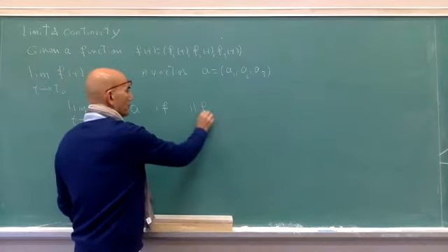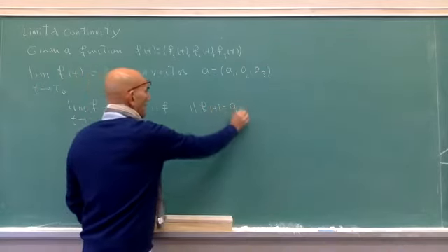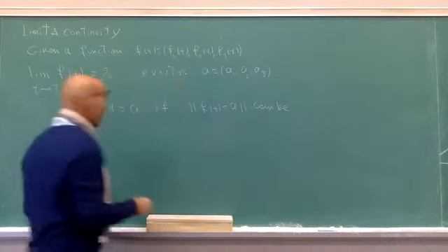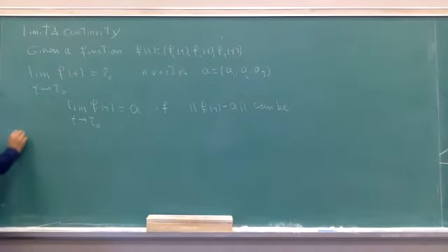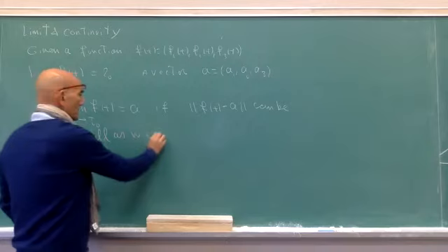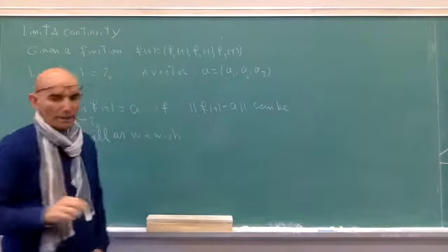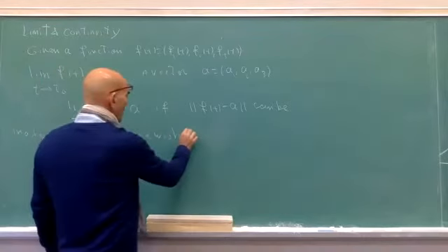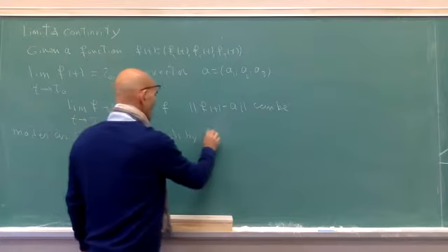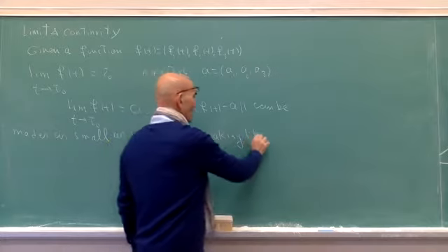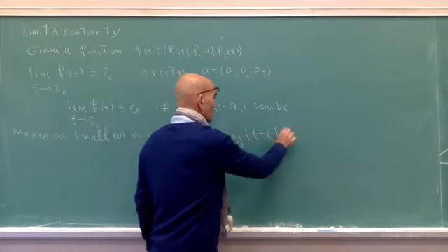If the norm of f of t minus A can be made as small as we wish by getting t as close to t0, by making the absolute value of t minus t0 small enough.